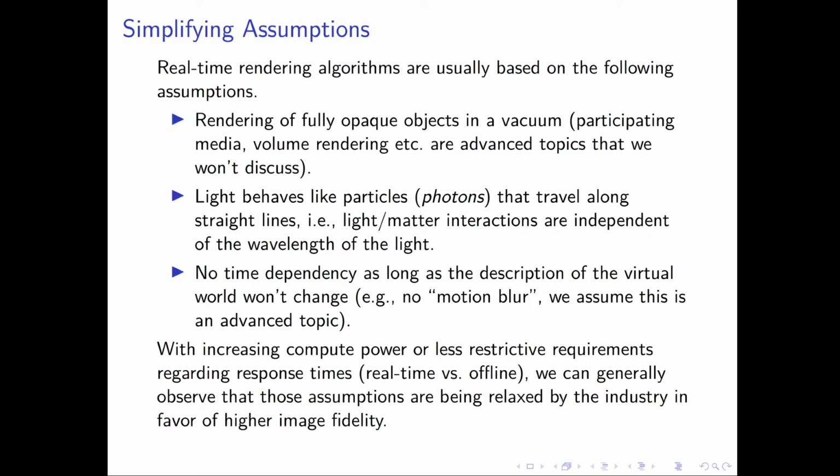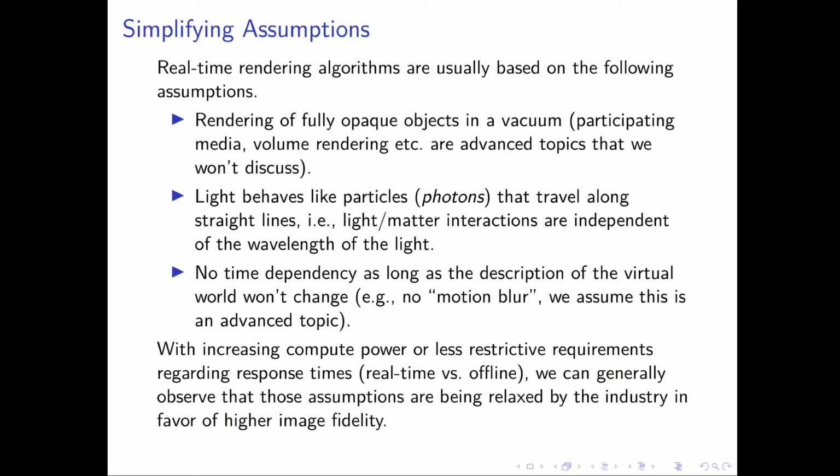And there's a general tendency that we can observe: software developers, with increasing compute power, tend to lift those restrictions. We're in a real-time scenario, and whenever we get additional transistors and additional cores on our GPUs, for instance, people try to lift those restrictions, and that basically means they try to fix the frame rate that we can achieve.